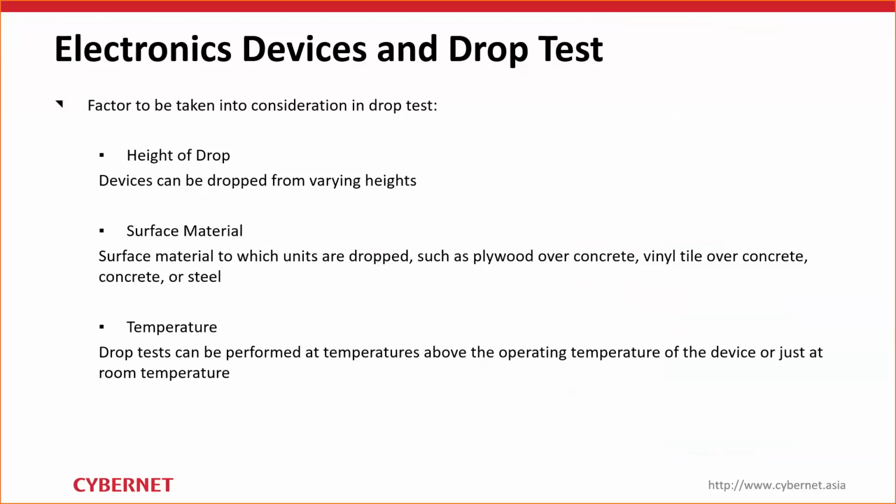That's straightforward. And then the surface material onto which the unit is dropped, such as plywood over concrete, vinyl tile over concrete, pure concrete, or even steel. So these kinds of parameters need to be taken into consideration as well.